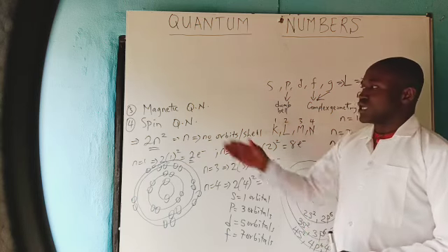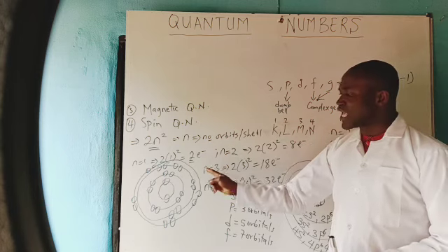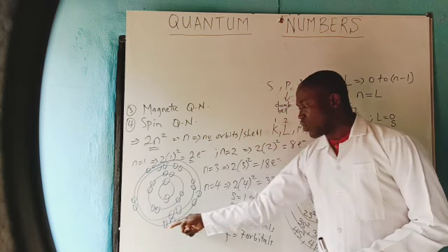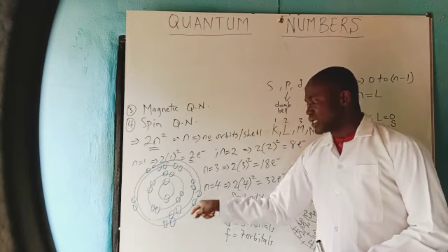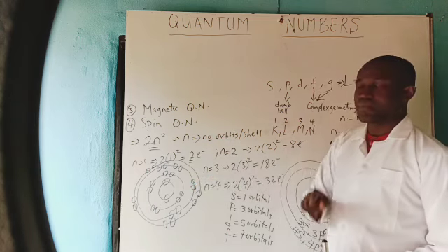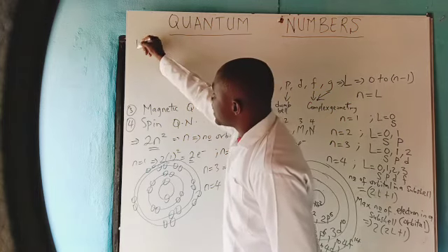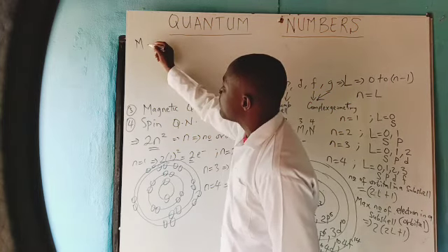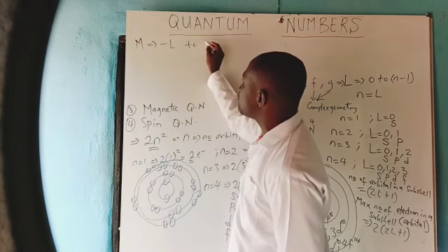Yes, this magnetic quantum number also helps us to see how the electrons we are looking for are being assigned to the shells. It also discusses how to do that. Now, let's see what it says. The magnetic quantum number is represented with m, and it ranges from -L to plus L.